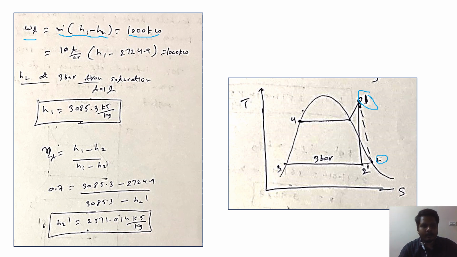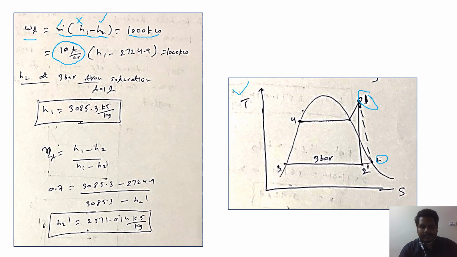Here we know the value of m dot, which is 10 tons per hour. This here we have to convert into seconds, that is into 3600. H1 value we don't know, H2 value we have to take from the steam table.